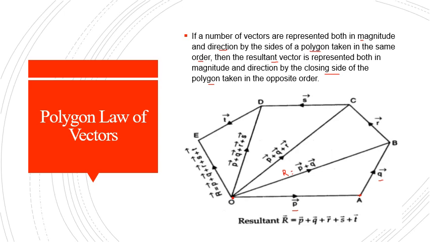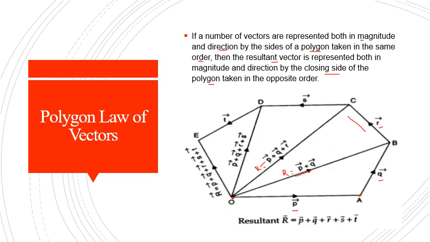And if you add another side BC, this will be represented by vector R. Now what will be the resultant vector? This resultant plus this vector, so the resultant will be P plus Q plus R. Is that clear?